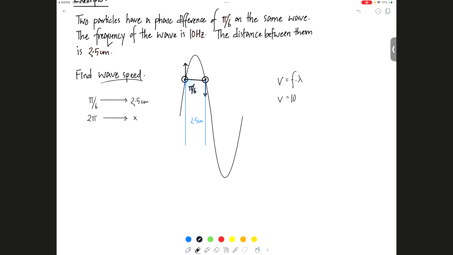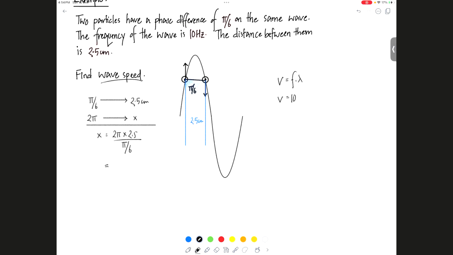And I'm going to use what method to solve this? Unitary method. So x equals 2 pi into 2.5 divided by pi by 6. Okay, let's check what it gives. 300? 0.3. 0.3 meters.